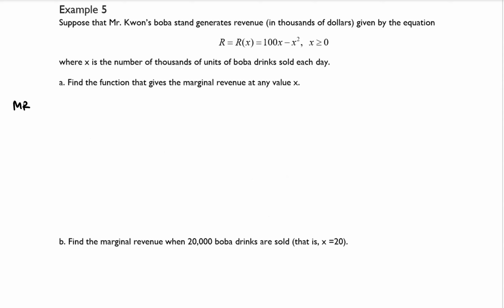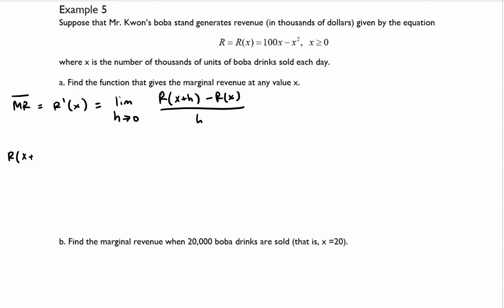So we would like to find the marginal revenue function, which is equal to the derivative of the revenue function. And that can be found by taking the limit as h approaches 0 of r of x plus h minus r of x all over h. So let's come down here and evaluate r of x plus h. So that's going to be 100 times x plus h minus x plus h squared.